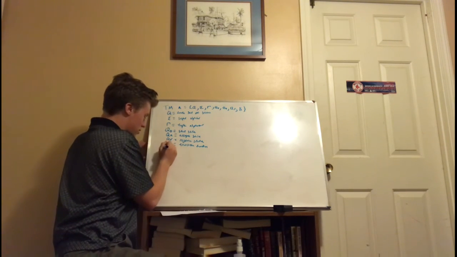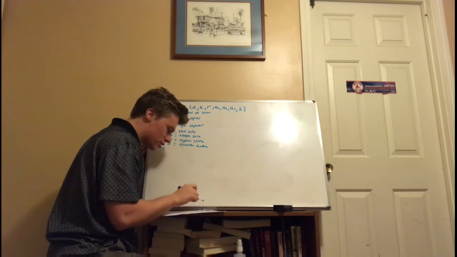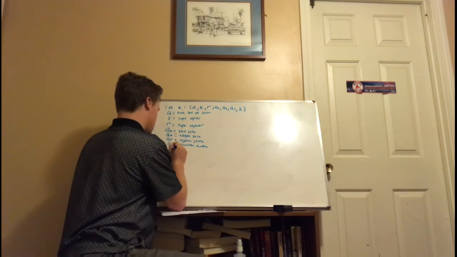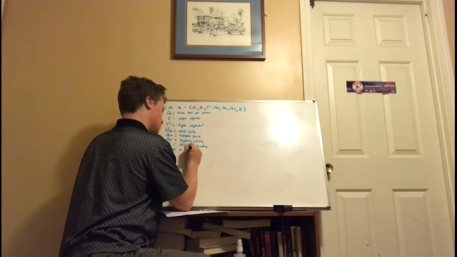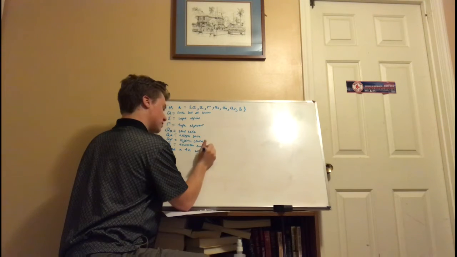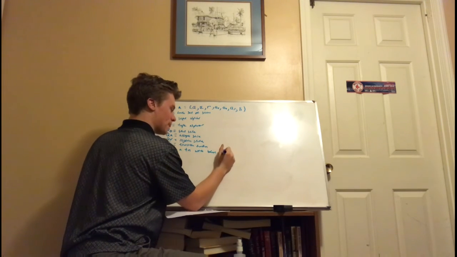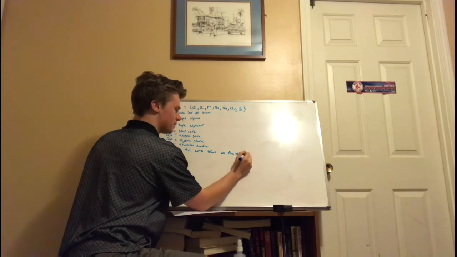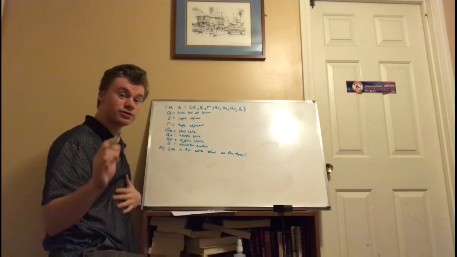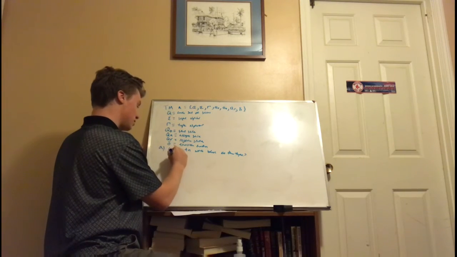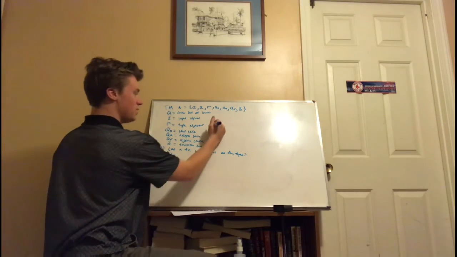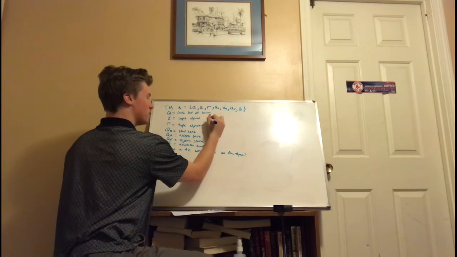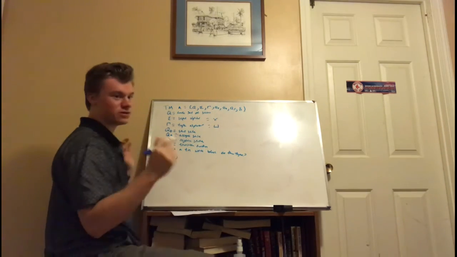A. Can a Turing machine ever write the blank symbol on the tape? The answer to this question is no, it cannot. And that's because the tape alphabet consists of the blank symbol. However, the input alphabet has no blank symbol.